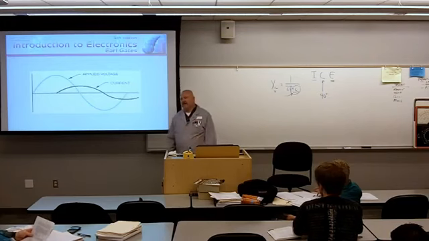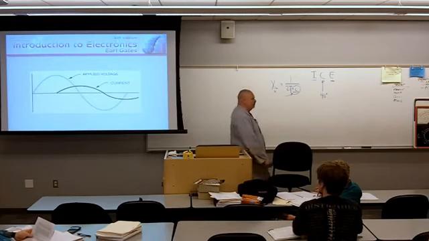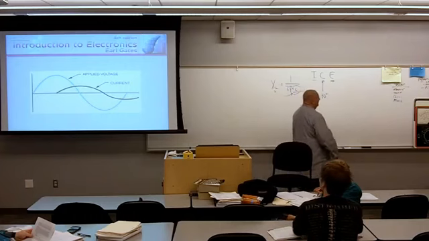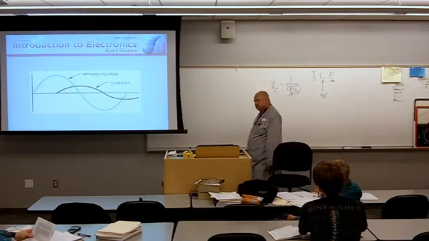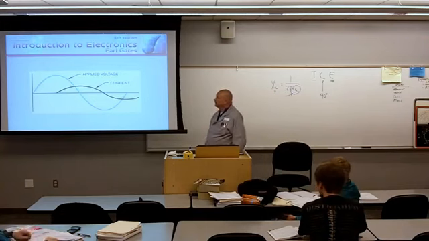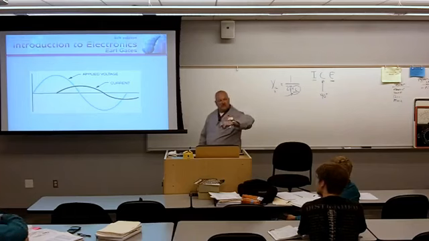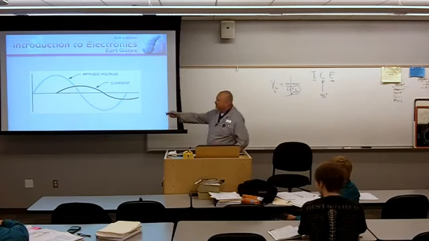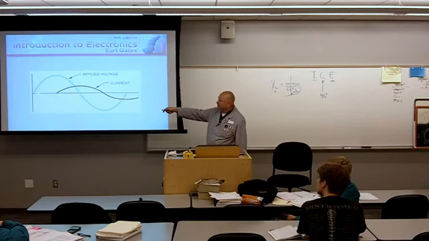Now the overall effect between voltage and current when we apply AC to an inductor is going to be this. When I put an inductor in a series circuit and first close the switch, voltage is going to go from 0 to 100% in the first 90 degrees.